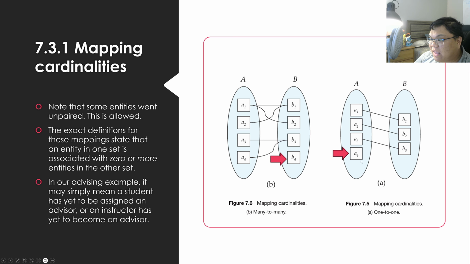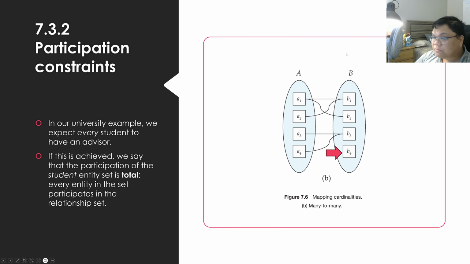In other words, in our university enterprise, we want every student to have an advisor, but not all instructors are needed to be advisors. As I said, in our university example, we want every student to have an advisor.